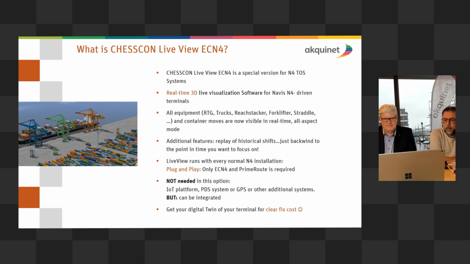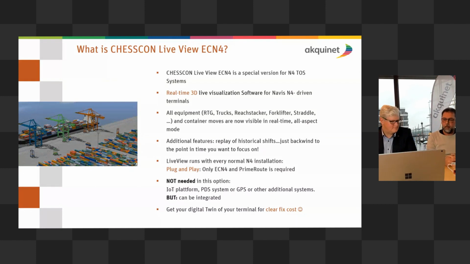So all the equipment, normally the manual equipment, is connected to the ECN4, which sends out all the orders to the equipment over this interface. And we are connecting to this interface, and then we have more or less simulation and real order giving from that.